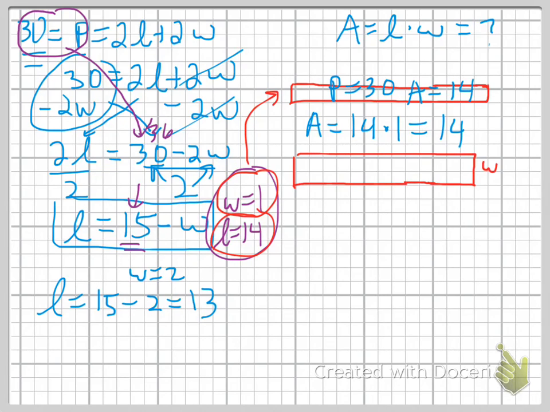So that's width equals 2, length equals 13. Okay, well, we know our perimeter here was always supposed to be 30, but our area, if I calculate it here, area is length, which is 13, times width, which is 2, so our area is 26.